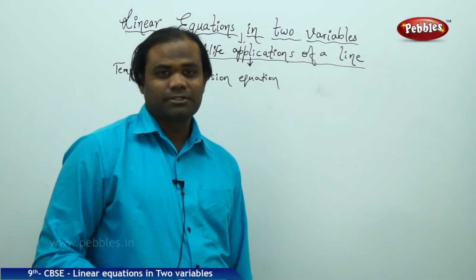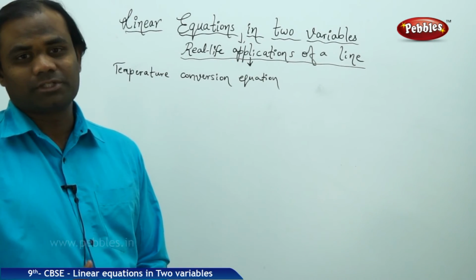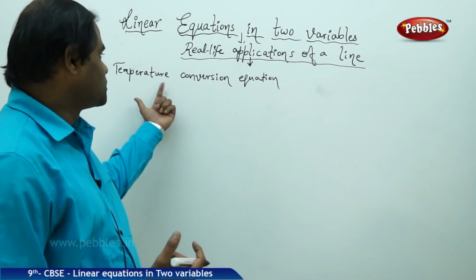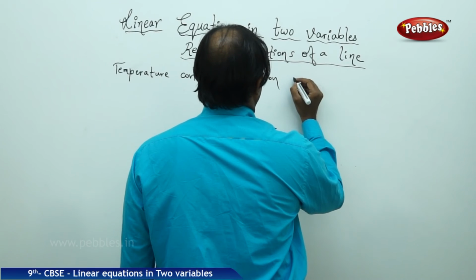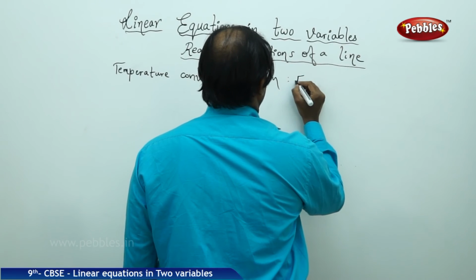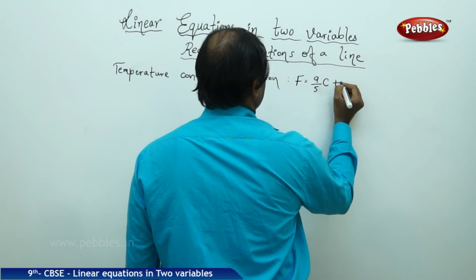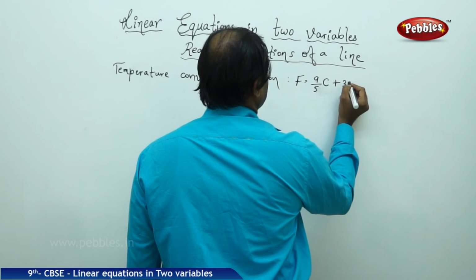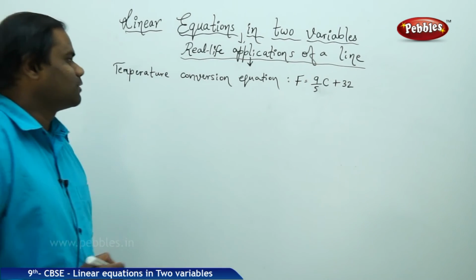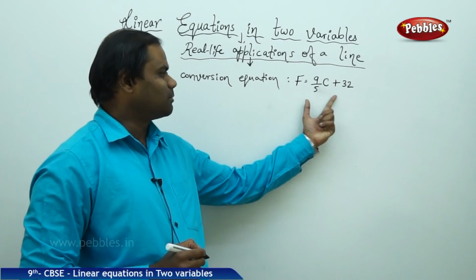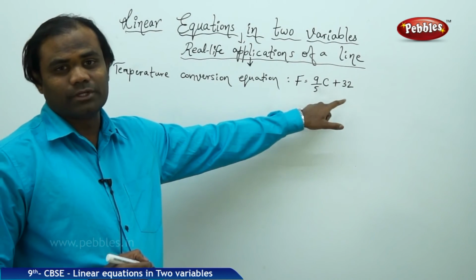Usually the temperature conversion is done through a mathematically calculated equation from data collection, which is given to be F equals 9 by 5 C plus 32. The temperature conversion equation F equals 9 by 5 C plus 32 is a linear equation in x and y.